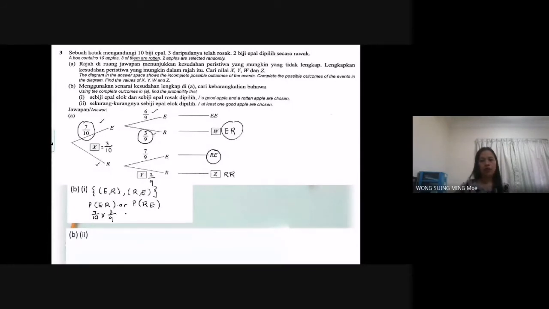Okay, if the keyword is "or" for probability, you add it. So this is the first probability, E and R. Now plus the probability to obtain R here, which is 3/10, times here 7/9.